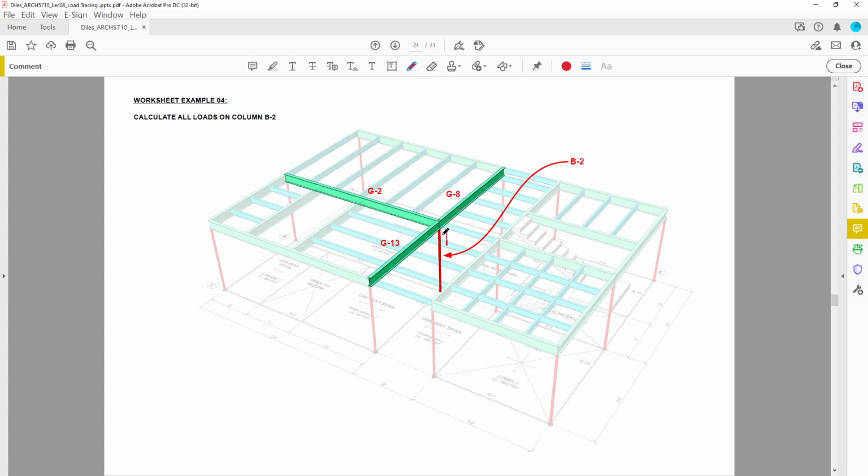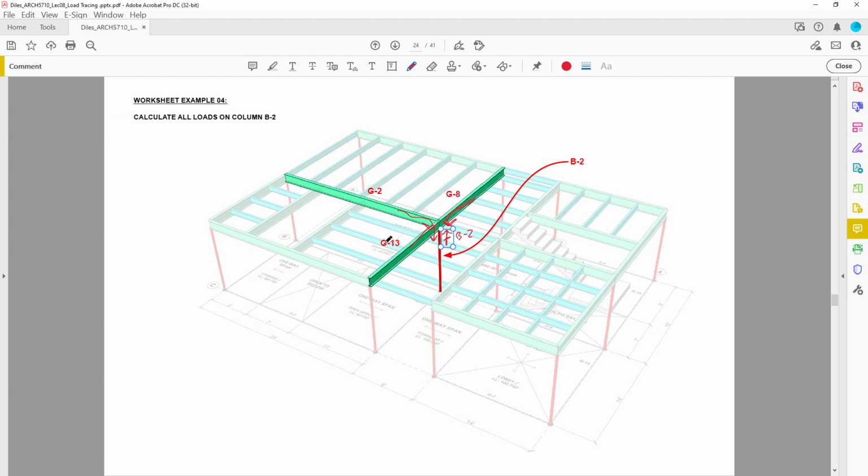And then what is the reaction at the top of B2, pushing back against all of those loads. So we're going to have half of the loads from G13 coming in here, half of the loads from G2 coming in here, and half of the loads from G8 coming in here.